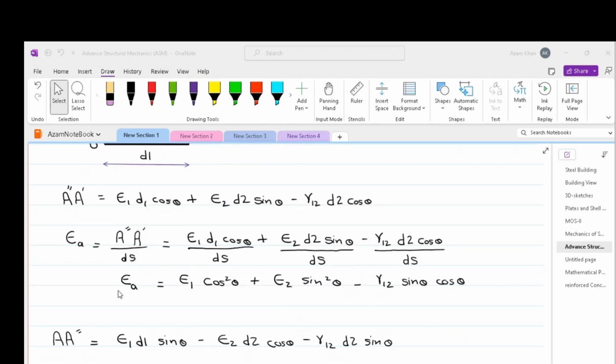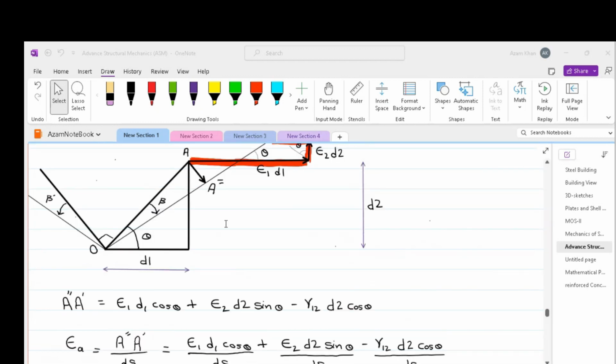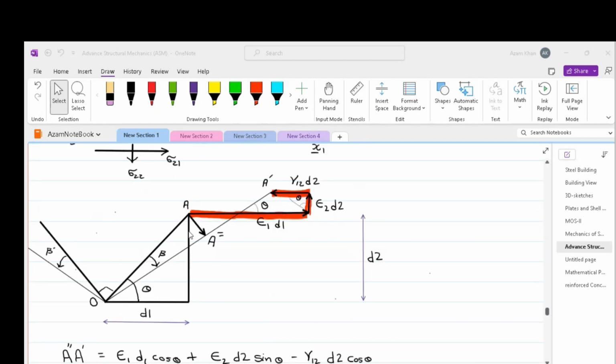Plugging the values, we get the extension of strain A in terms of strain 1, strain 2, and gamma 1, 2. The angular deviation beta can be found in a similar way. We have to divide A double dash by the length ds in order to determine our angular deviation.